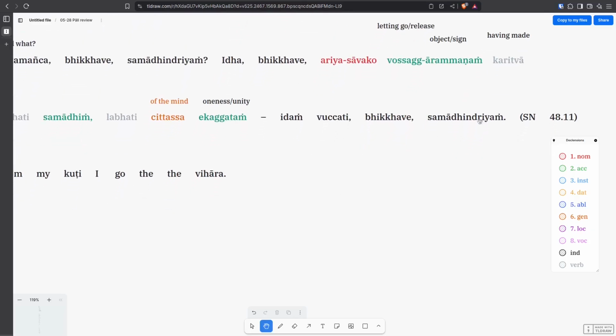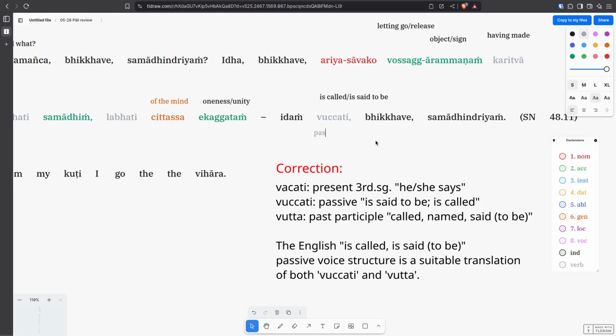Idam vuccati bhikkhave samadhindriyam. This, I say... no, is said. Is called, or is said to be. It's another way to translate it. But this vuccati, we'll look at the past participle later.